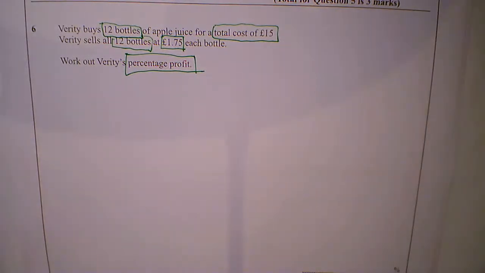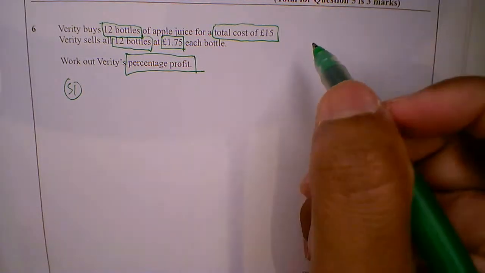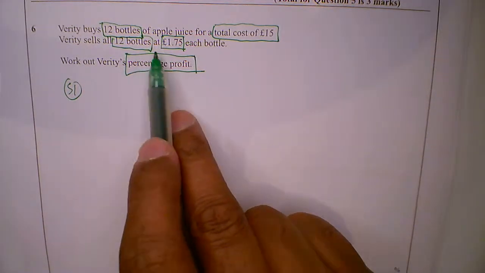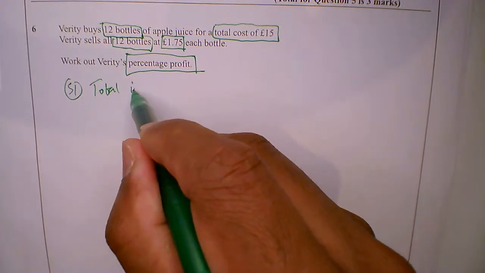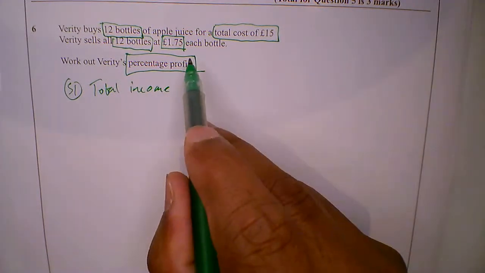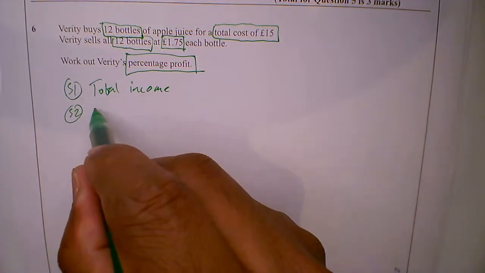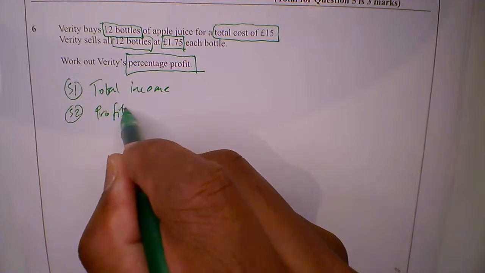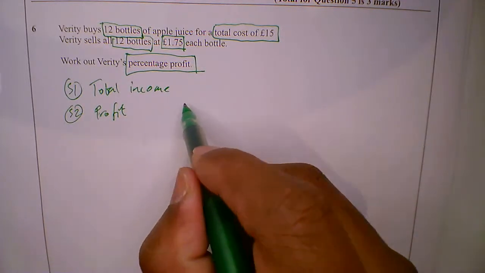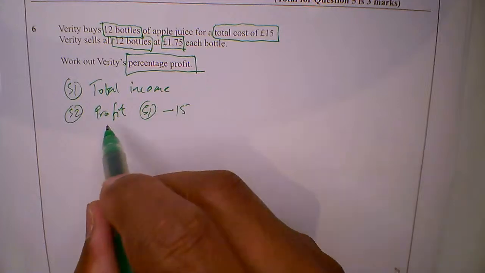So we can do this a few ways. I'm going to first of all, step 1, work out the total income. From that, I can then work out the profit, which is going to be step 1 take away £15.